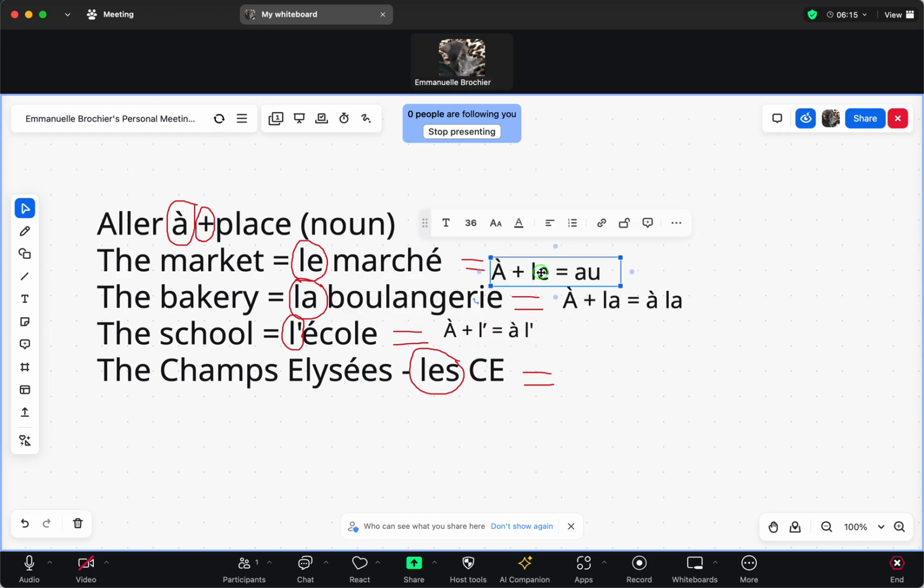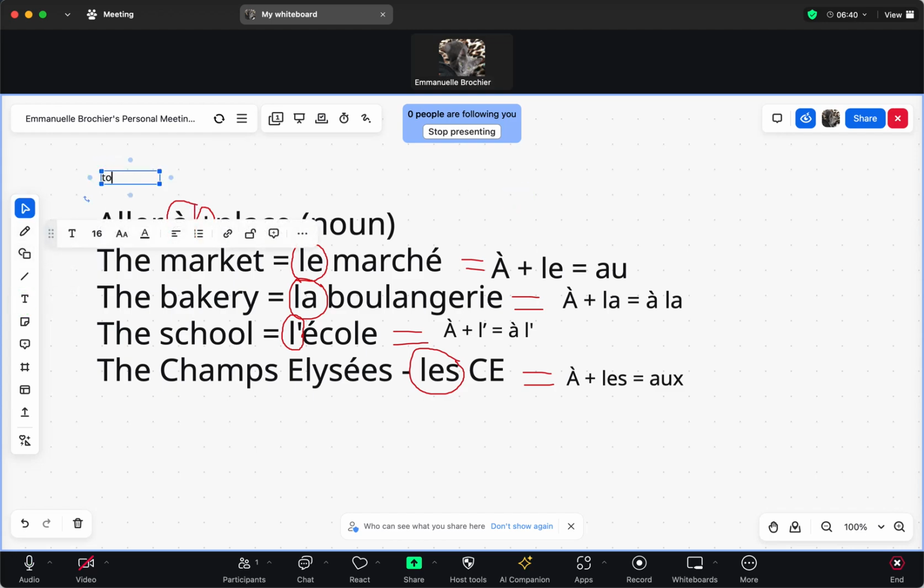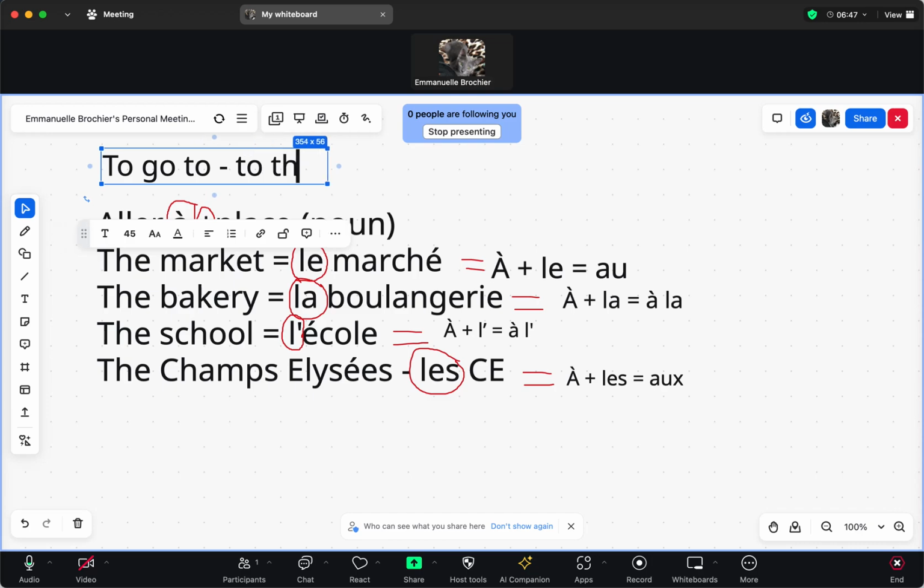Now I can just move it like this. Here we go. So now we have à plus les. Well, it's going to be a contraction. À plus les equals aux, with an x. So basically, what we have in English is to go to, so we are dealing with to the.